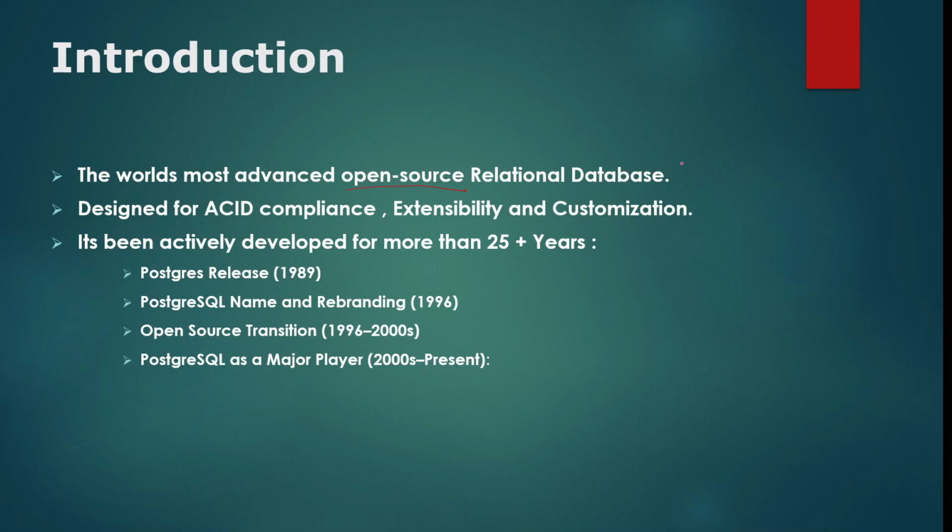It is popular because it gives all the features you get from paid software like Oracle or MySQL or DB2 or any other RDBMS. So all those features you get for no cost.